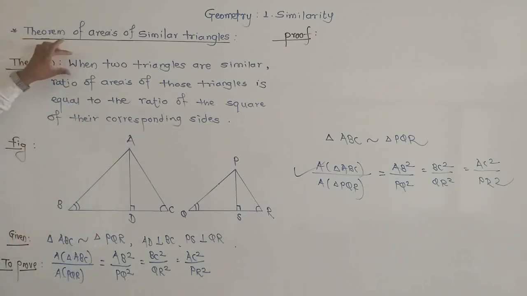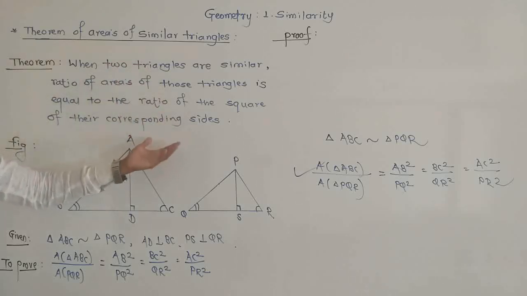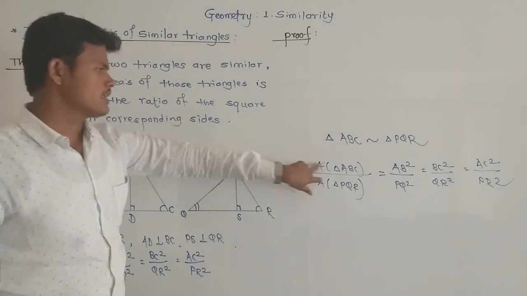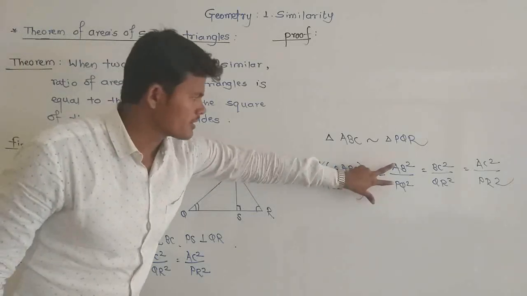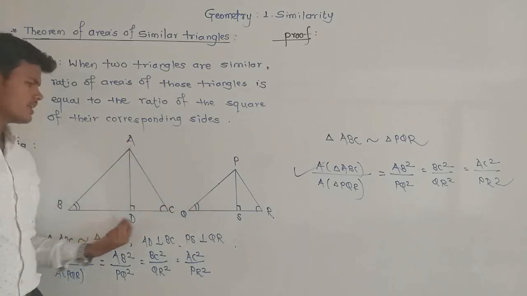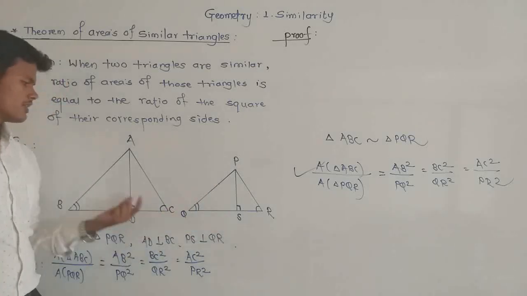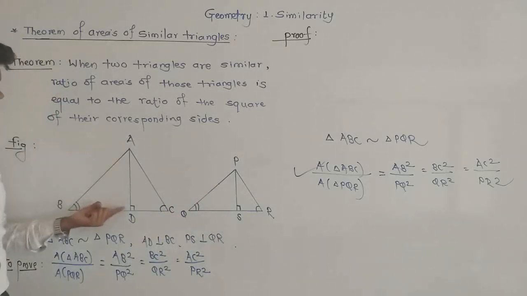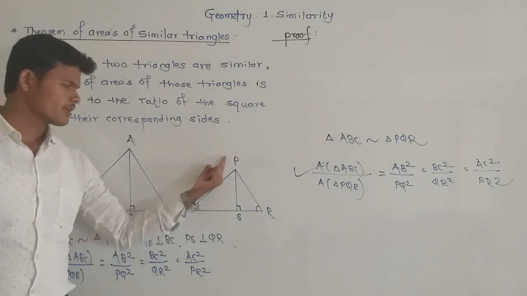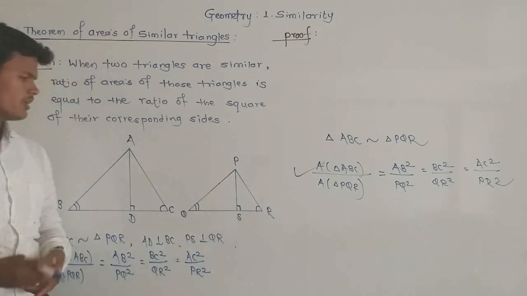I read again: when two triangles are similar, the ratio of areas of those triangles is equal to the ratio of squares of their corresponding sides. For that, consider two figures, triangle ABC and triangle PQR. In triangle ABC, segment AD is perpendicular to BC, and for triangle PQR, segment PS is perpendicular to QR.